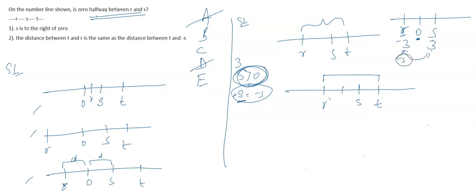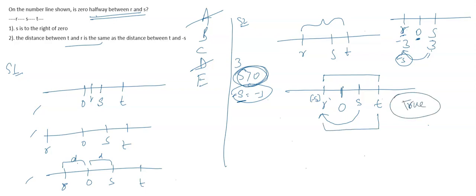So if it's equidistant, if this is S and minus S is negative, then minus S will fall here. And the condition that the distance between T and R is the same as T and minus S would be true.